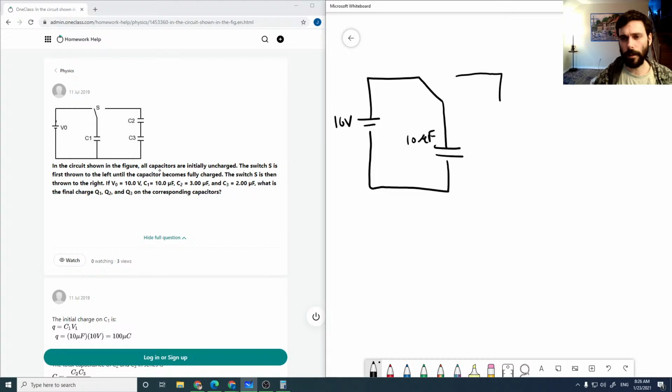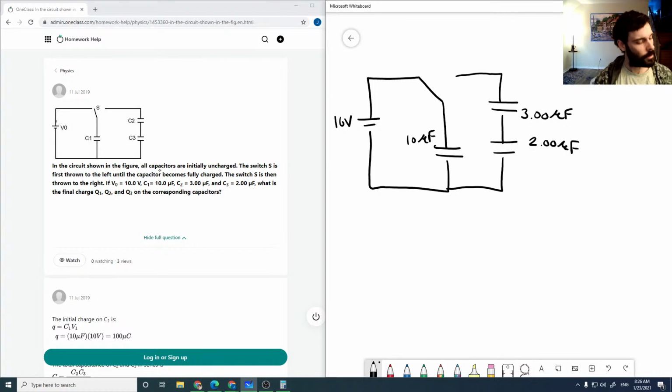And these are not connected. And we're given that this is 3 microfarads and this is 2 microfarads. Okay, so initially when just this is connected, we're asked what is the final charges on these 3 capacitors.